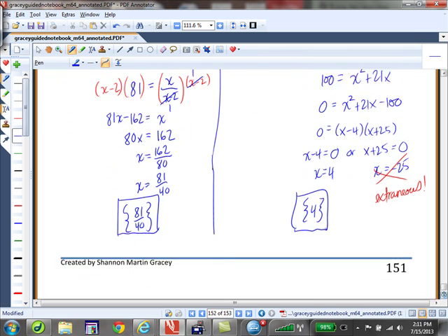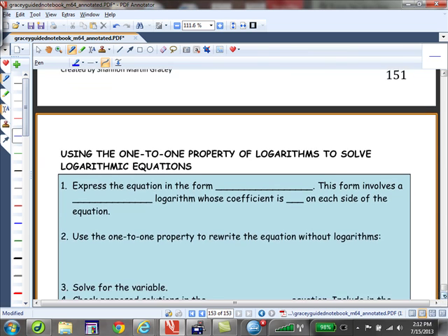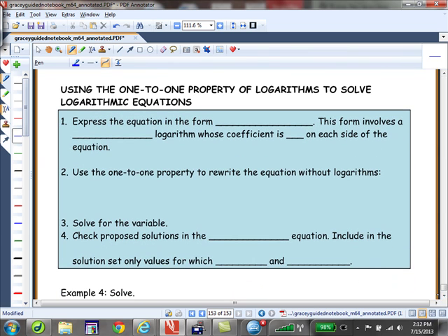Okay, and then we have another type of situation using the one-to-one property of logs to solve logarithmic equations. So here we go. This is where you don't have an extra constant. You don't have something that is not part of a log.